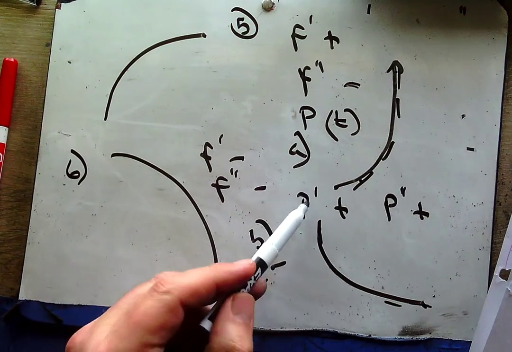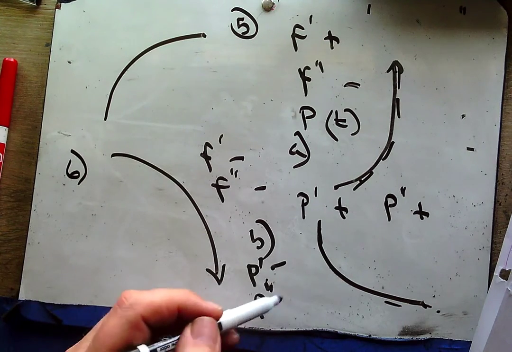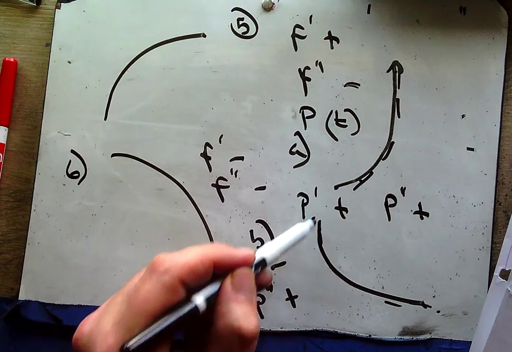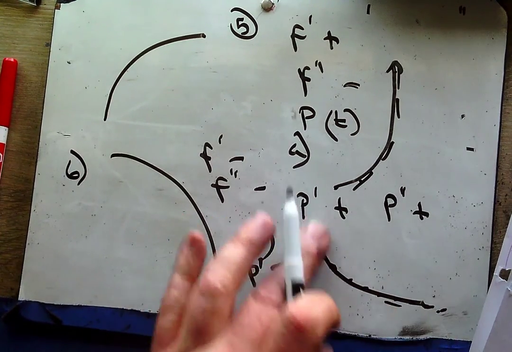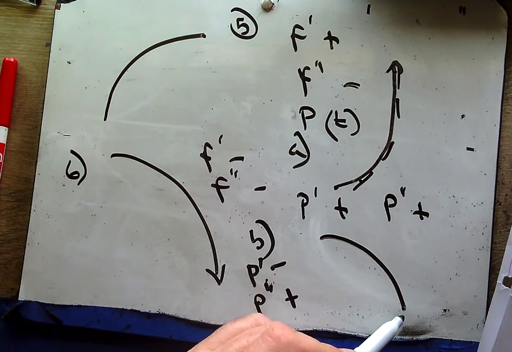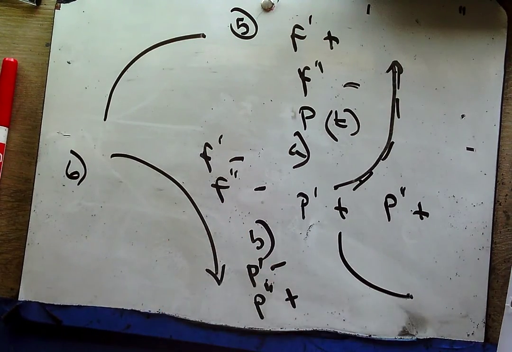However, because I'm getting closer and closer to bottoming out, P double prime is positive. That means the price drops really fast, and then the price drops slower and slower. Still dropping, but slower and slower. We're close to getting to our lowest price.